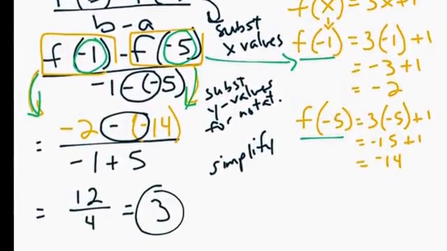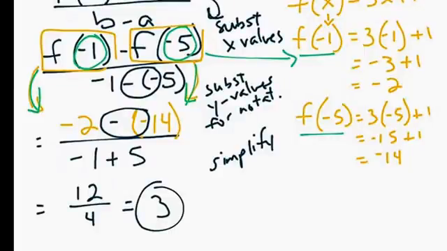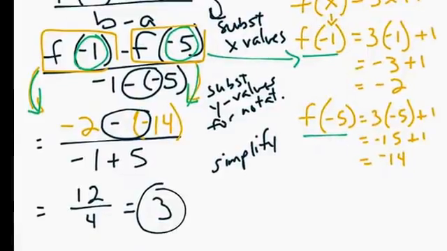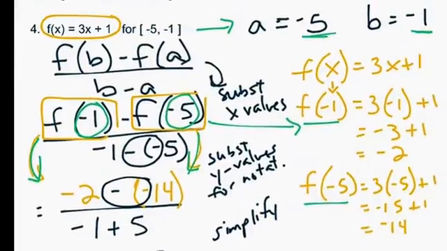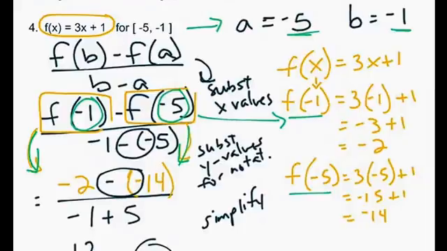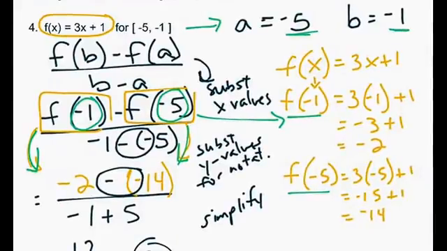And then we simplified. Okay, so we're going to do the same thing, but with a different interval. Okay, so hit pause, look over this, and we're going to work another one.